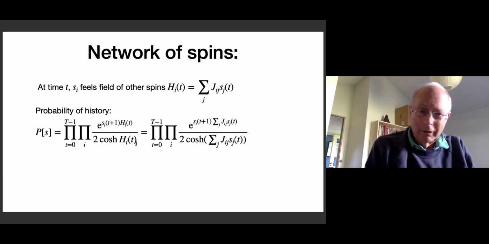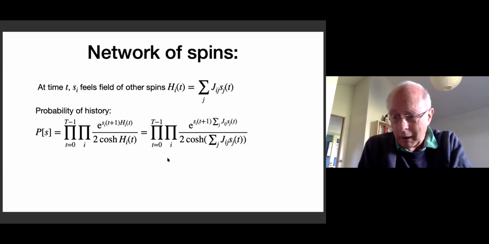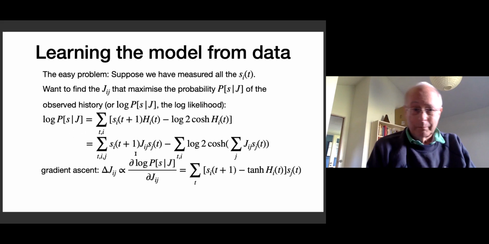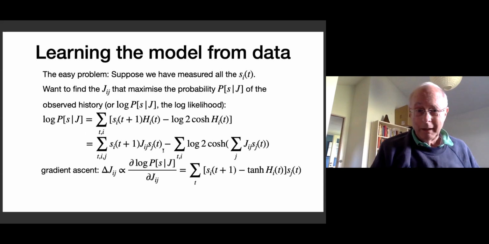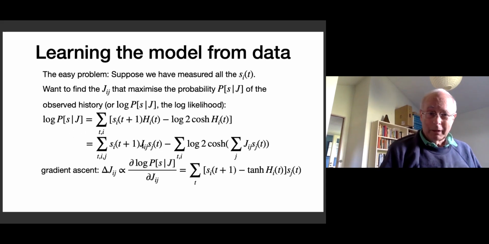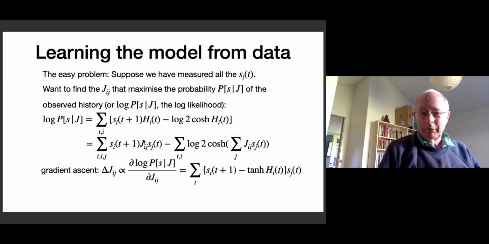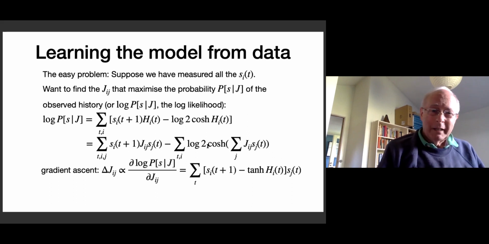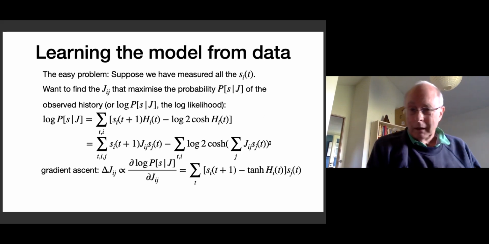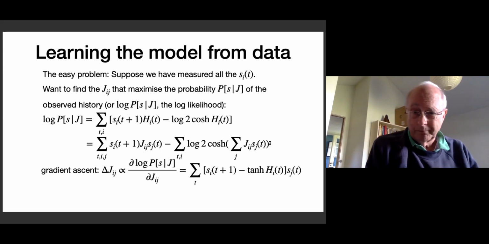Then you've got to subtract the log of twice the cosh. And so what we get is this log of P is a simple looking term connecting S_i of t plus 1 with S_j of t through the coupling J_ij, minus this funny looking log of twice the cosh of the h. This is log P, which we want to maximize.